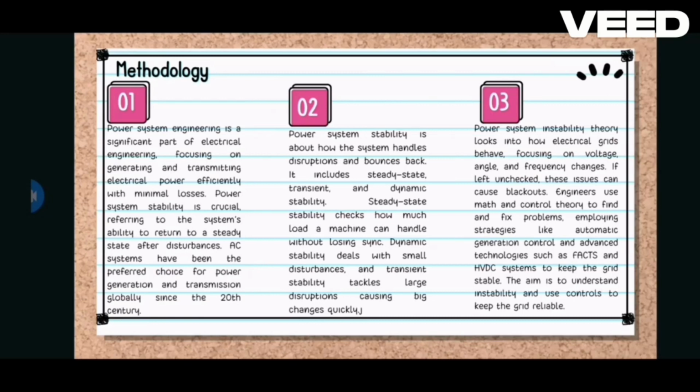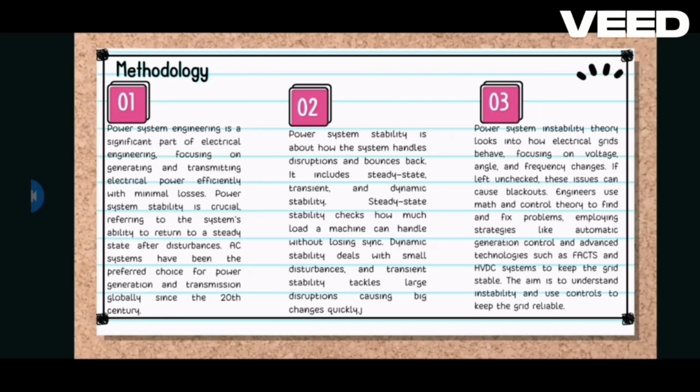So for the power system stability theory, which is a significant part of electrical engineering, it focuses on generating and transmitting electrical power efficiently with minimal losses. Power system stability is crucial, referring to the system's ability to return to a steady state after disturbances. AC systems have been the preferred choice for power generation and transmission globally since the 20th century.